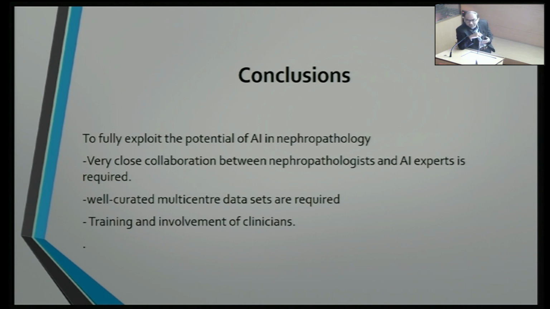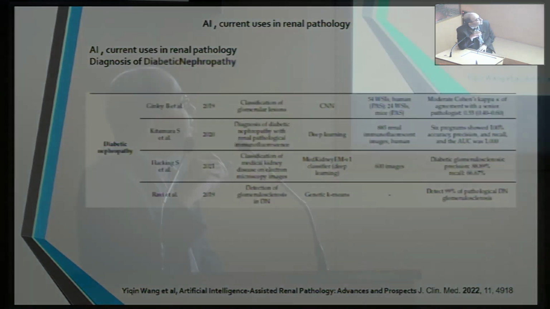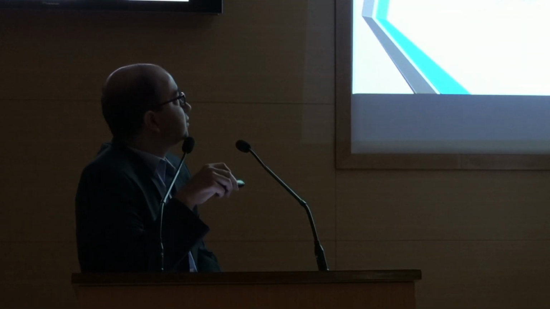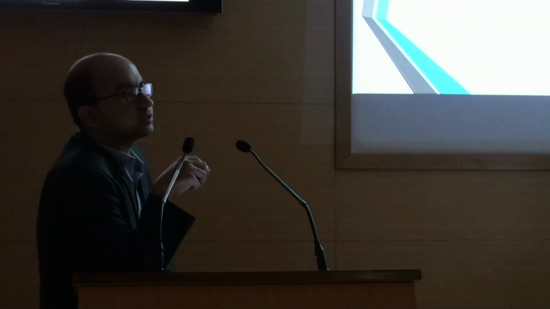Similarly, the AI experts will have to understand the complexities of renal pathology, wherein you have to incorporate all these findings to give a complete picture. And obviously, they will require a well-curated multi-centric data set and training of the involved persons, including the clinician.